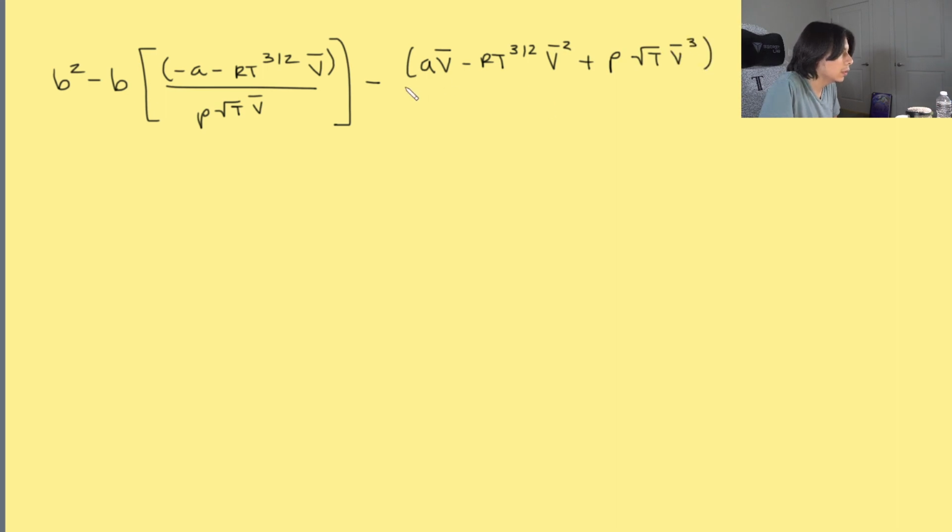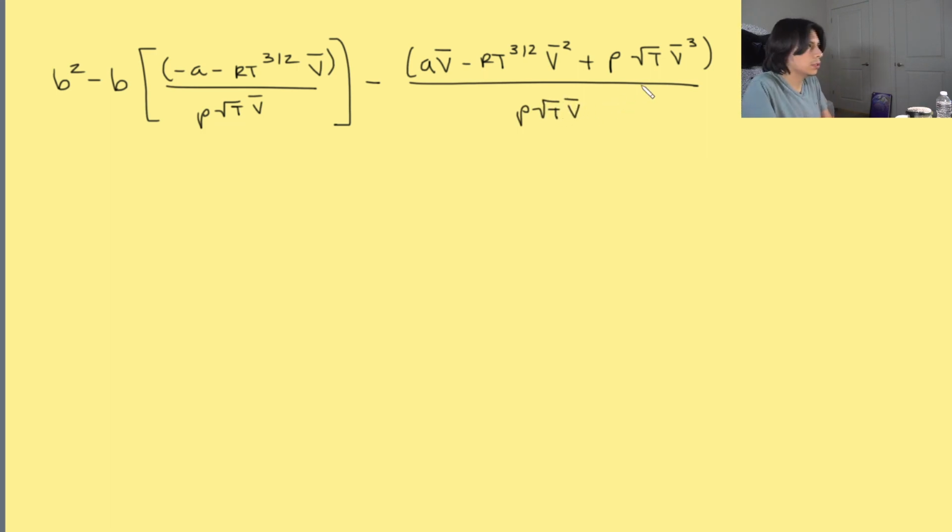Correct. And all of that polynomial over the common denominator, I guess, P square root of T V bar.